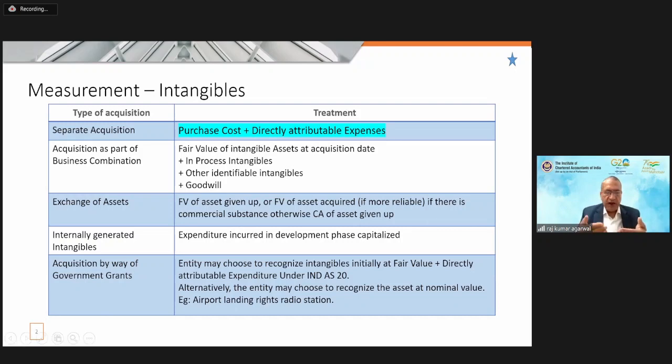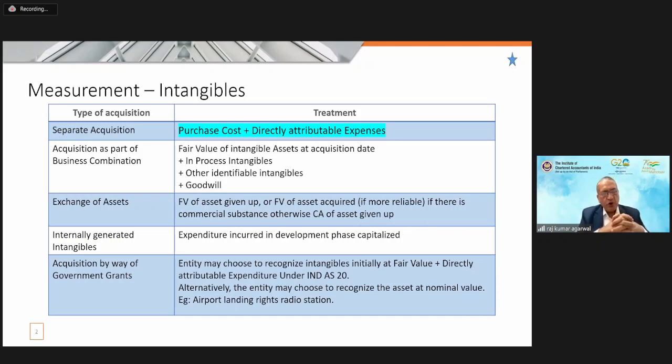In a business combination, basically what happens is you acquire a company. Say suppose I have acquired an education company at say 5 lakh rupees. Now, when I take all the assets in the education company, like computers, tables, chairs, office and all this, it may not be more than 1 lakh rupees.